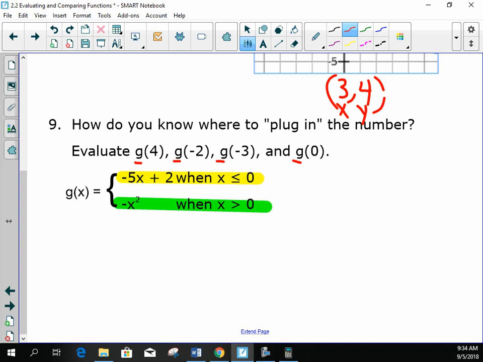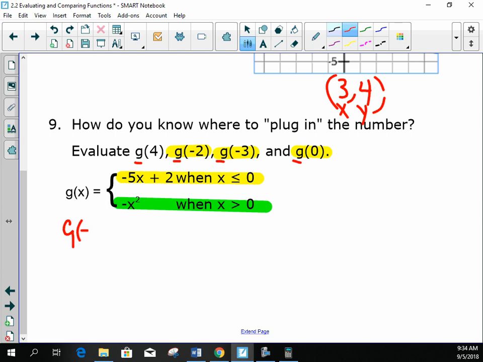So, when is x smaller than 0? X is smaller than 0 right here and right here, or equal to and right here. So, g of -2 gets plugged into the top one.